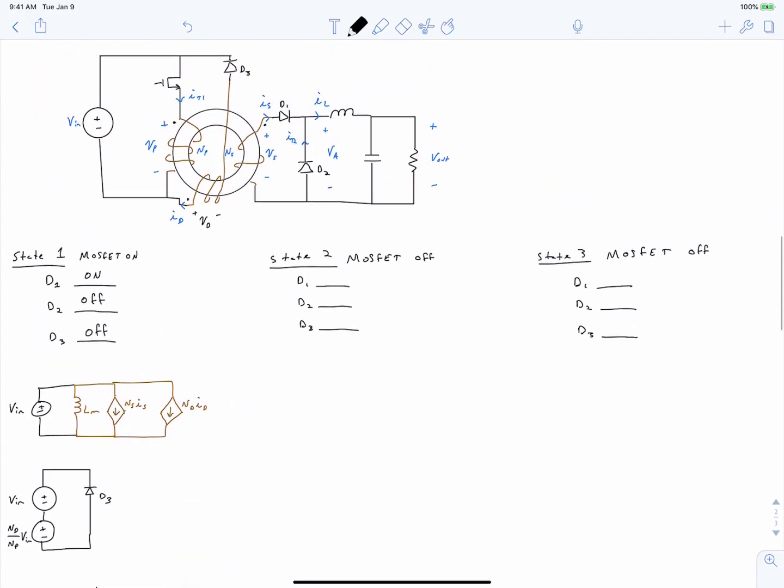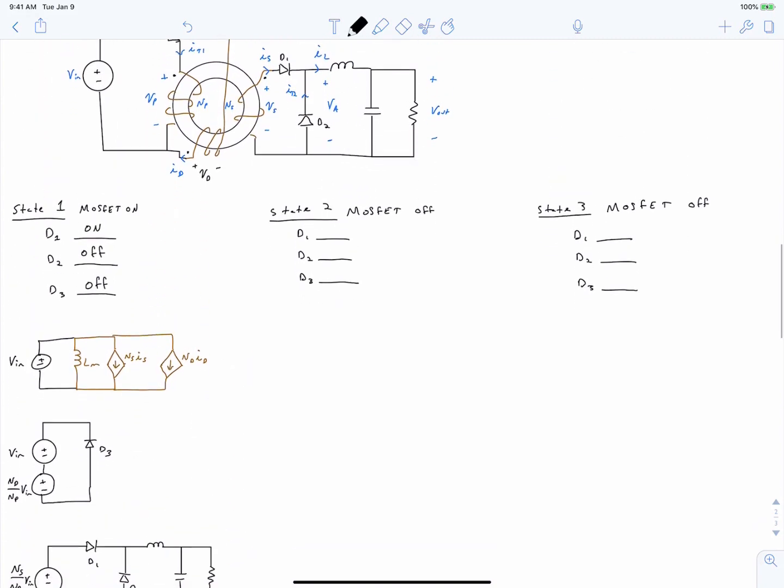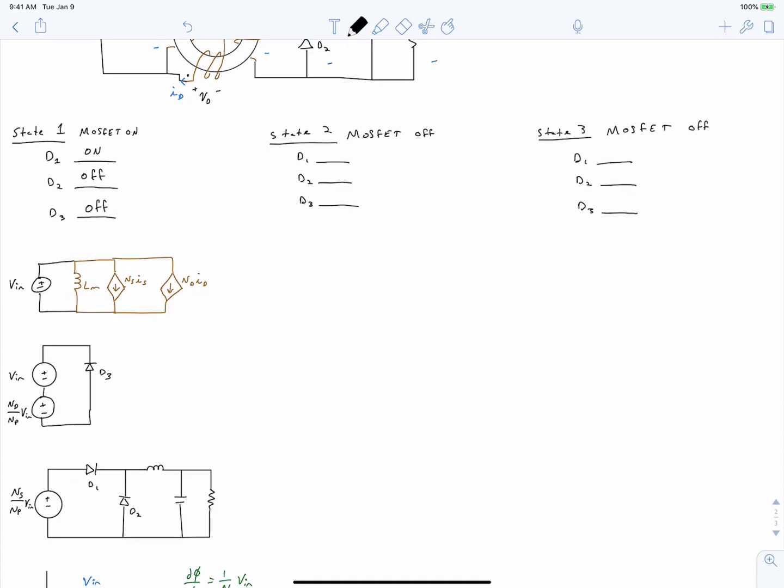Let's now consider state 2 when the MOSFET is off. So at this time, we actually have no active voltage applied across the terminals of our transformer. But that doesn't mean that there's no voltage there. So the primary side equivalent circuit looks like this.